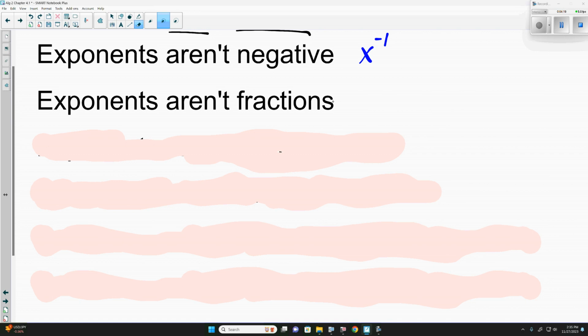And the exponents attached to variables are not fractional. So we can't have, say, x to the 1/3 or x to the 7/9. It's all right if it's attached to a number, it just cannot be attached to a variable.